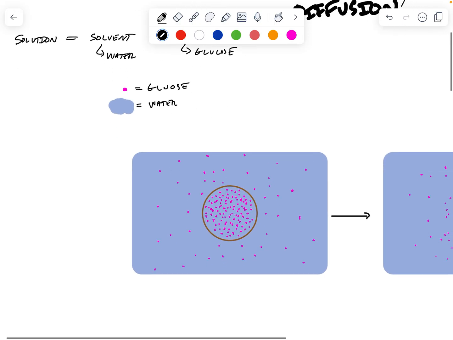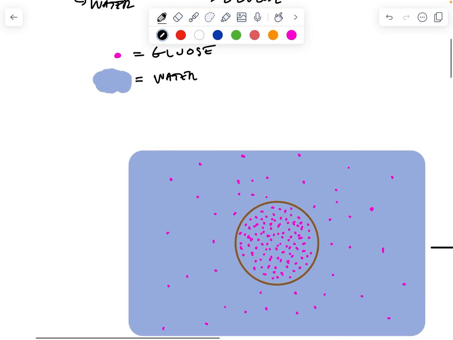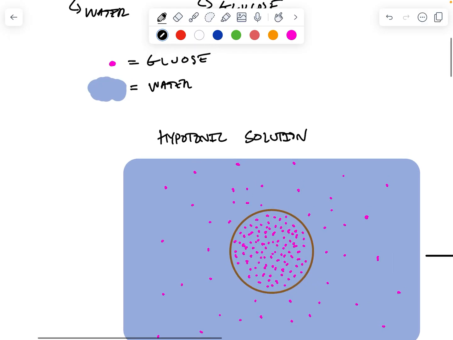In this situation, you can see that there's a lot more glucose inside of the cell than outside of the cell. We call this a hypotonic solution. So a hypotonic solution has more glucose inside.